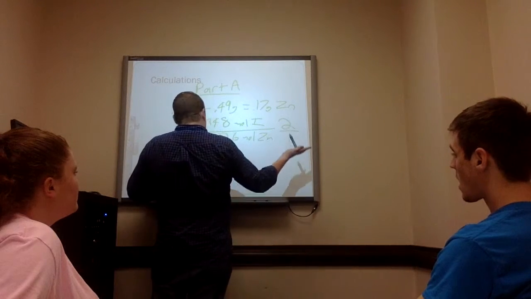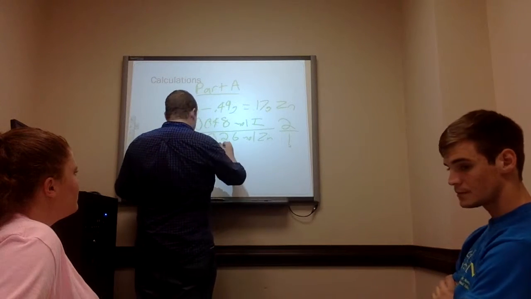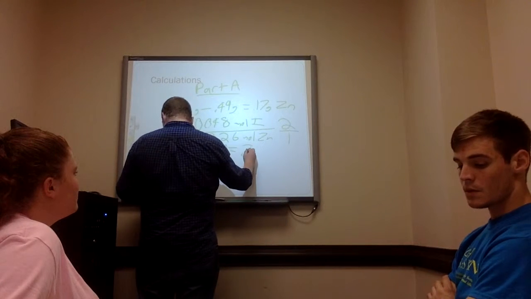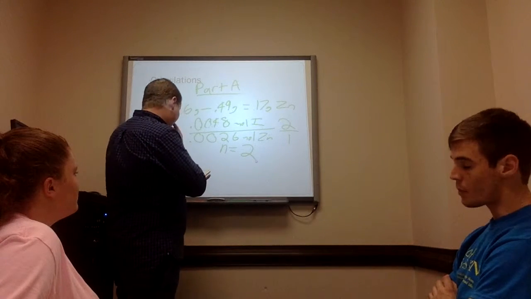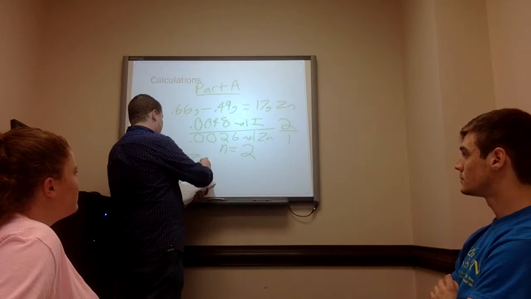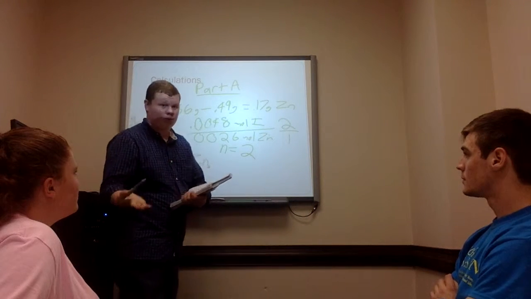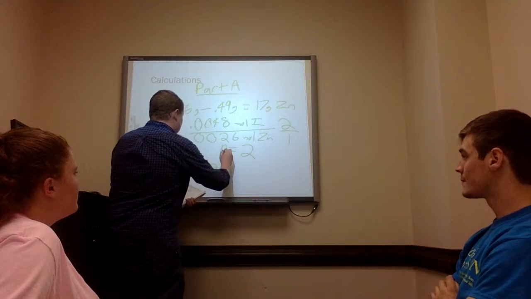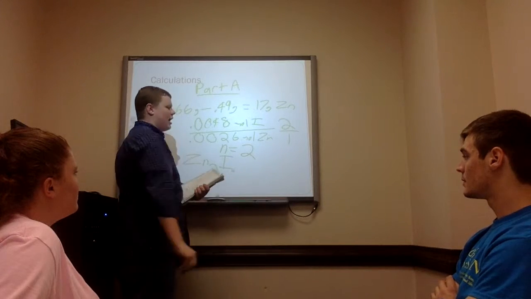So that is around 1.8, but your number N is going to be equal to 2. Therefore, your empirical formula is ZnI2.